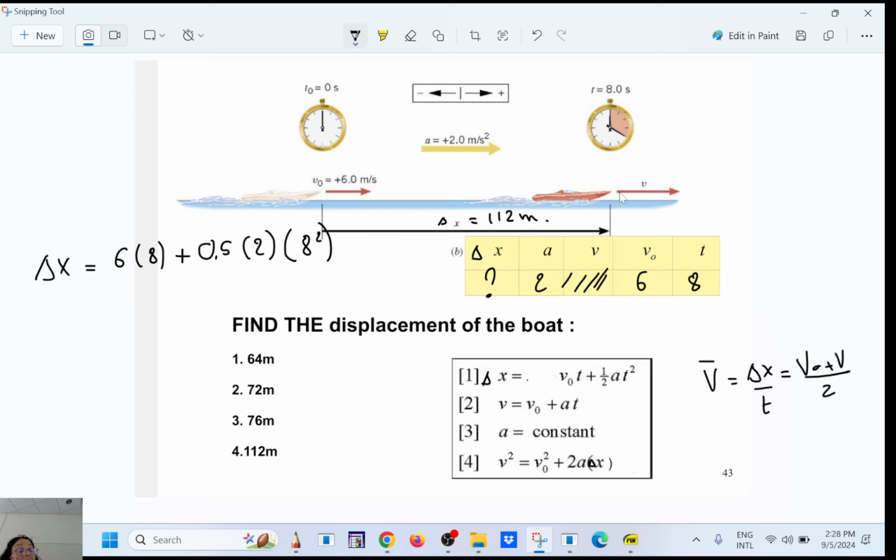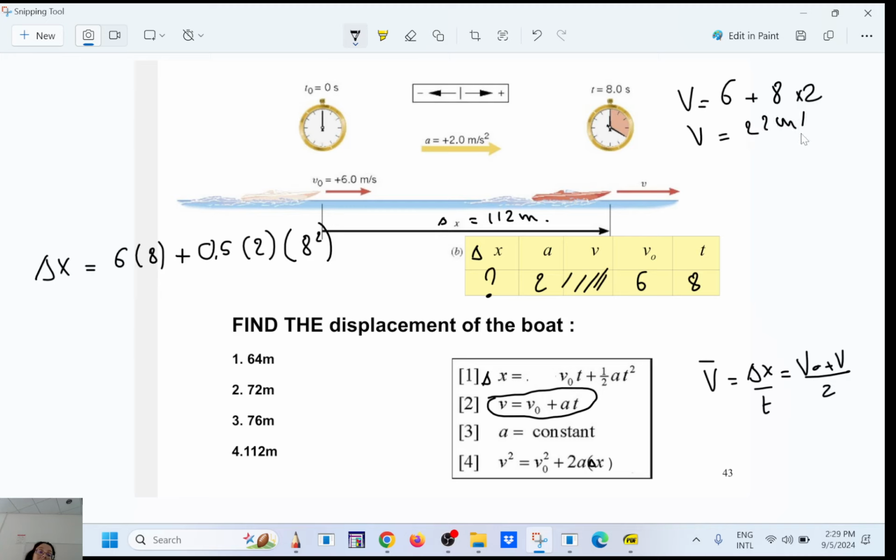We could find the final velocity. Can you find the final velocity now? So the final velocity will be 22. Initial velocity is 6 plus 8 times 2.